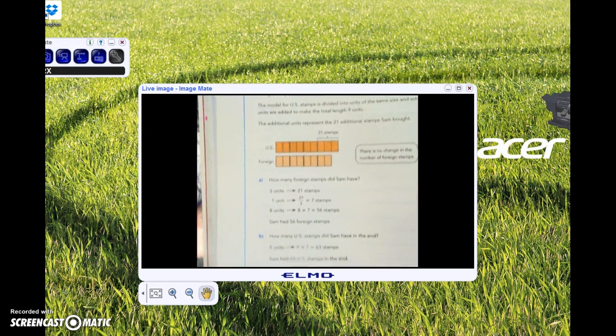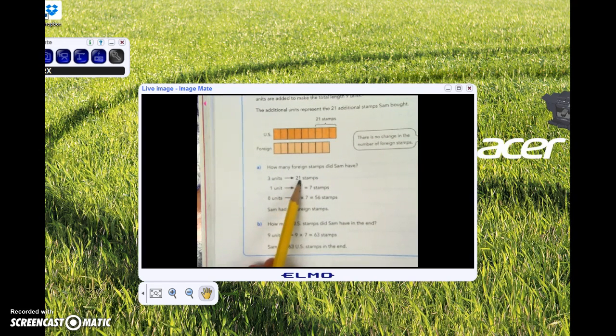So it's just showing right here exactly what I did. 21 was this portion divided by 3 because there were 3 units, equals 7, which meant each one of these is equal to 7. And now if I want to know how many foreign stamps, I can go 7 times 1, 2, 3, 4, 5, 6, 7, 8, which is 56 foreign stamps.